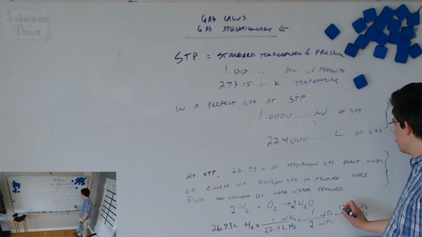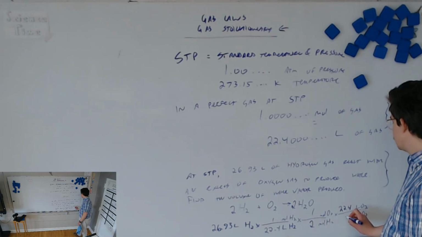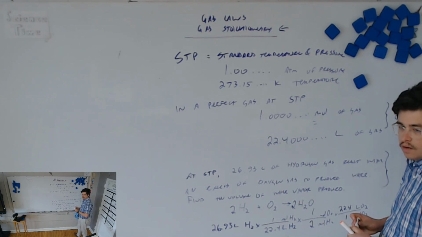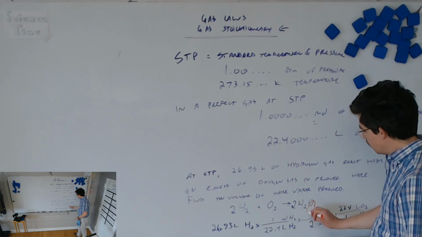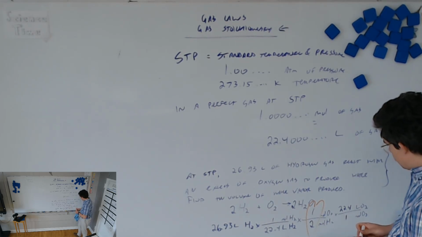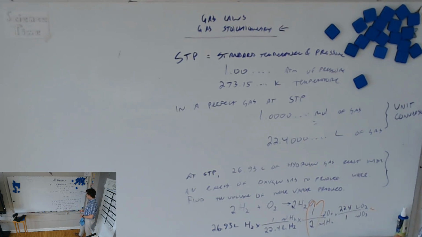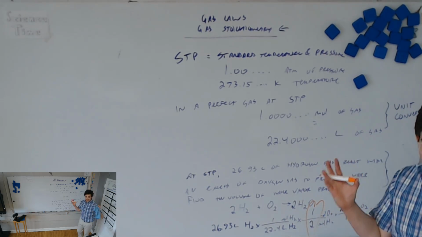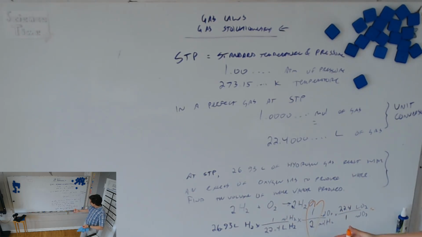And then once again, 22.4 liters of oxygen is 1 mole of oxygen. I heart chemistry. But check this out. What's mathematically interesting about this? Yeah, the 22.4 cancels out. So what that means is that when gases are reacting, it's just the mole ratio.